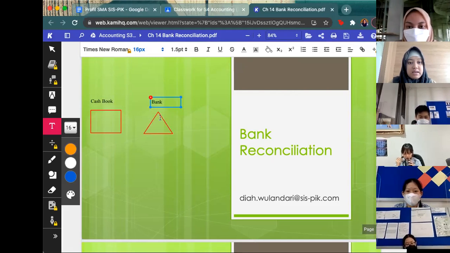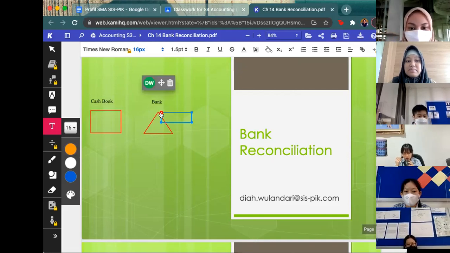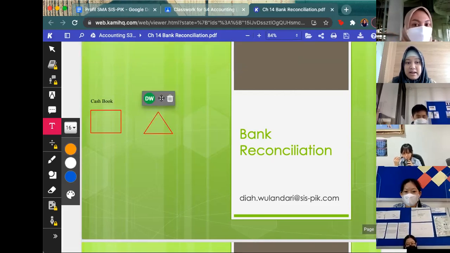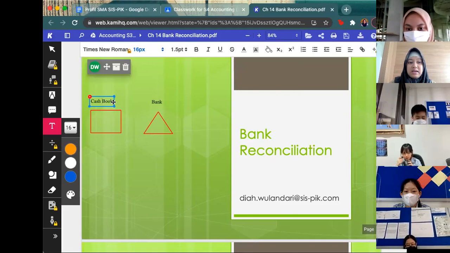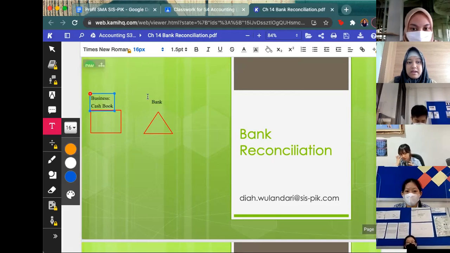Once again, bank is business cash that is placed inside the bank, correct? So it means we will deal with two different entities. We, as the business, have a cash book, and then we deal with the bank, which will have a bank statement.